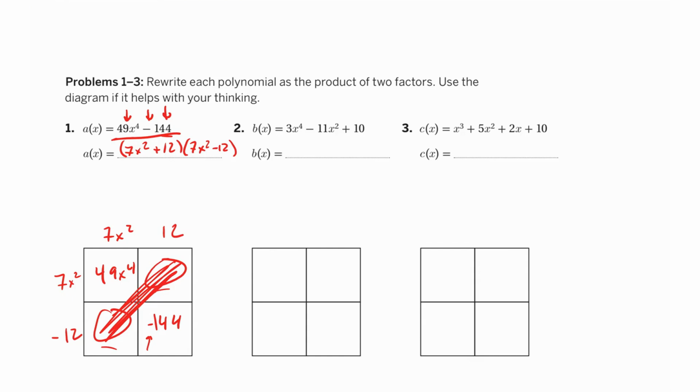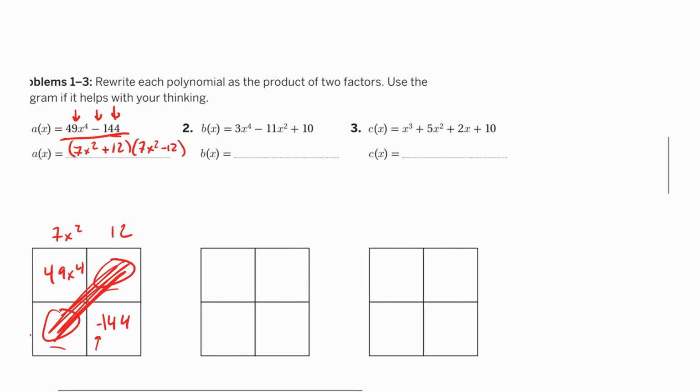For number 2, I definitely have to use the box on this one. Same idea: first term, first box, last term, last box, and for the middle terms, 2 things need to multiply into 30x to the power 4 that multiply into negative 11x squared, which would be negative 6x and negative 5x.